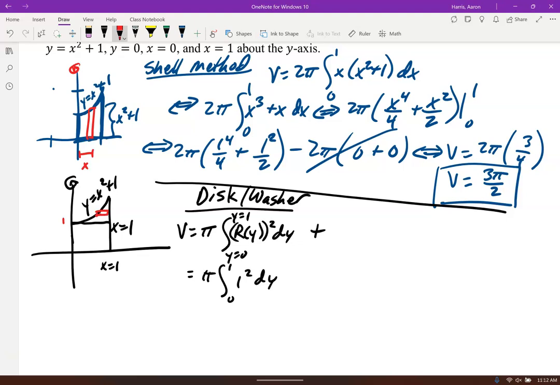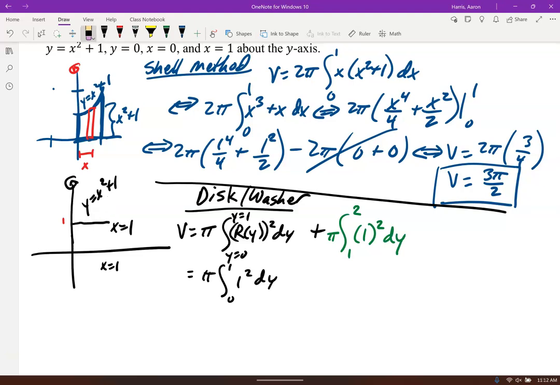So what I'm going to do first is the integration from 1 to 2 of pi, and I'm going to go the whole thing as if it had no hole in it. So that would be 1 squared dy. And then I'm going to subtract out the hole.